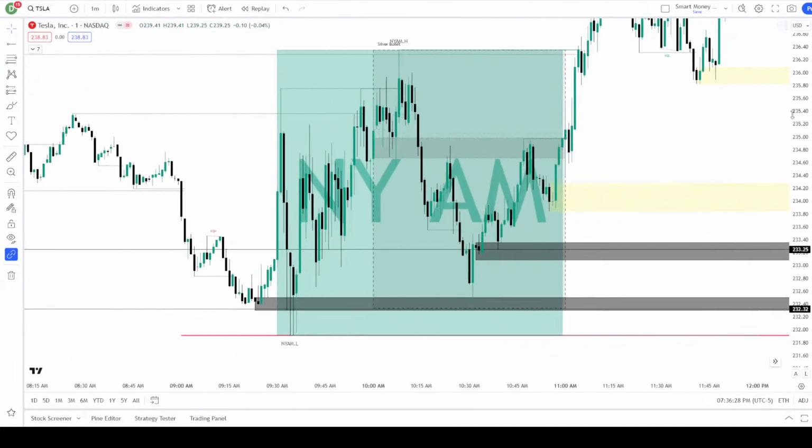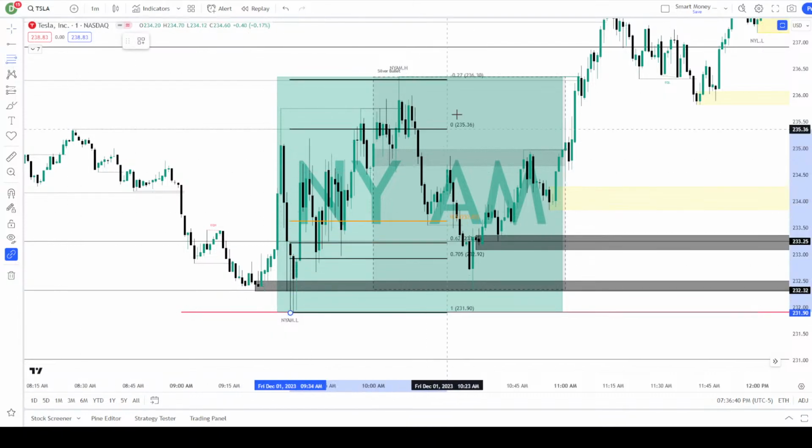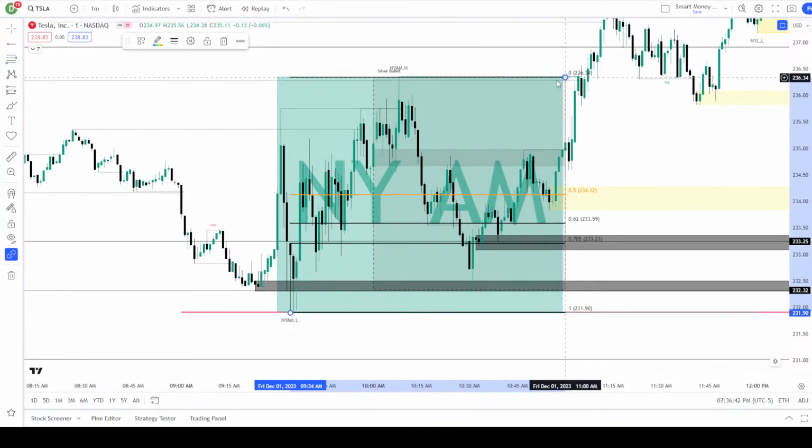Okay, so I know what my time macros are. I know the areas I'm looking for. I've seen price deliver to the sell side. We're in the New York kill zone. We're in the silver bullet. One of the things I'm looking for is a Fibonacci retracement into the optimal trade entry to take the position.